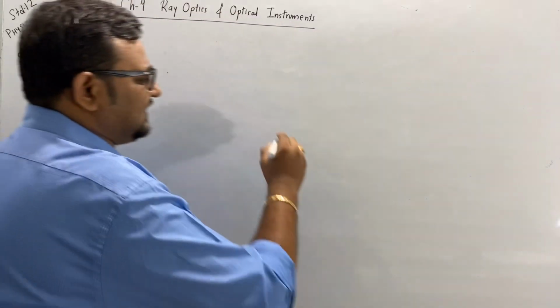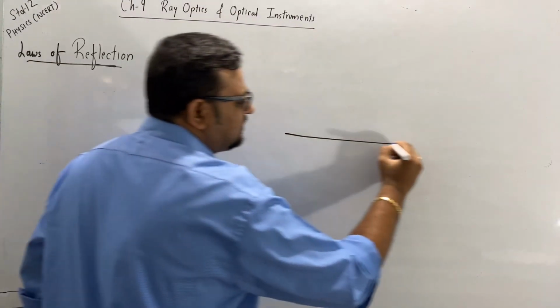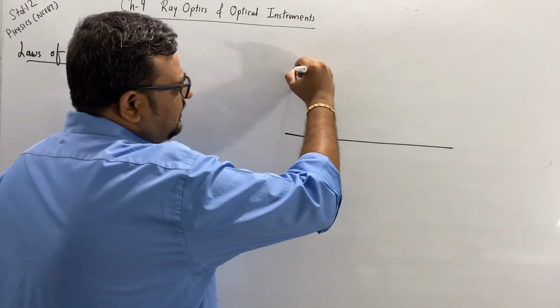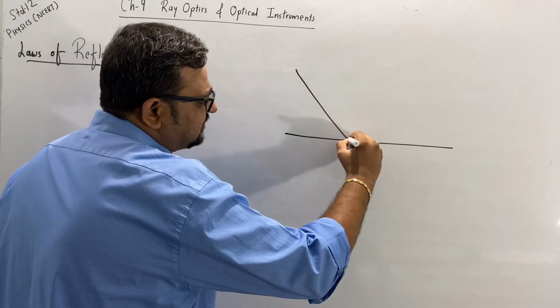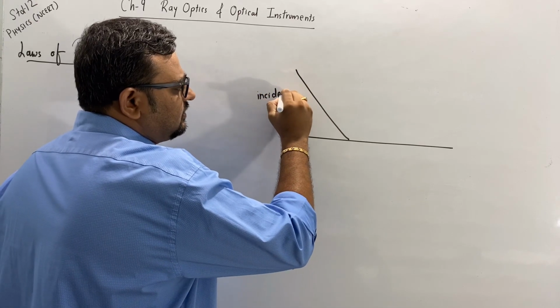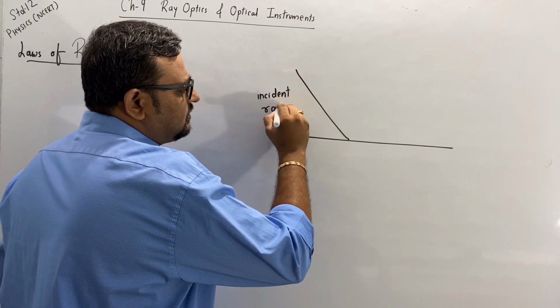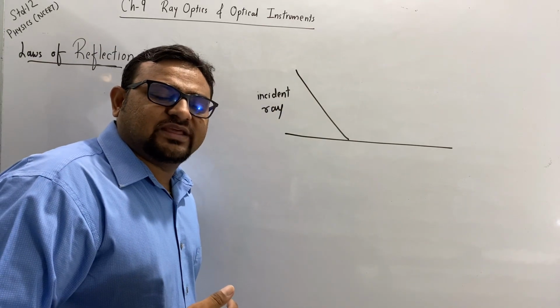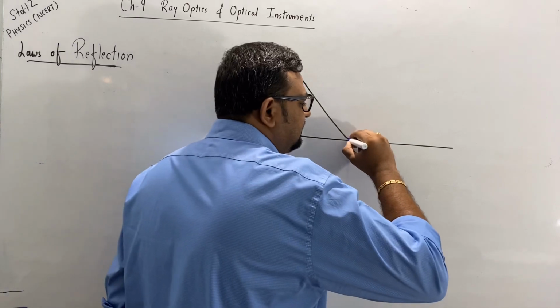Let's take this reflecting surface. This is the incident ray. The reflected ray will come back in the same medium.